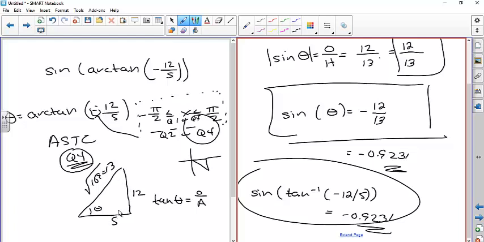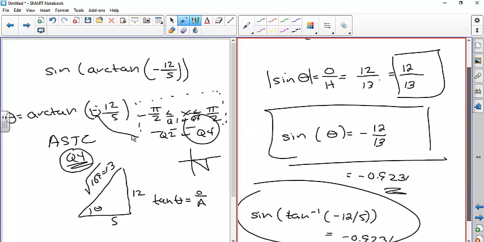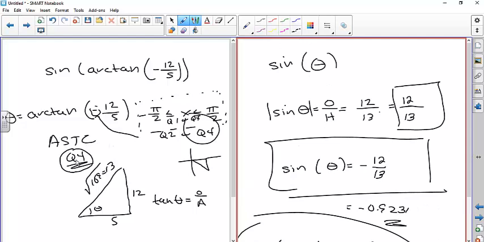Use the Pythagorean theorem to calculate the third side. Figure out the magnitude of the sine, or whatever this function is out here, by using the lengths of the triangle, and then use All Students Take Calculus to figure out whether the sign is going to be positive or negative in the quadrant of interest.